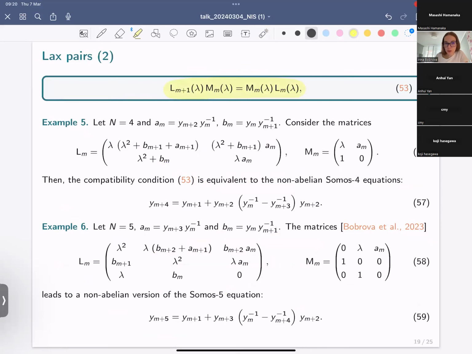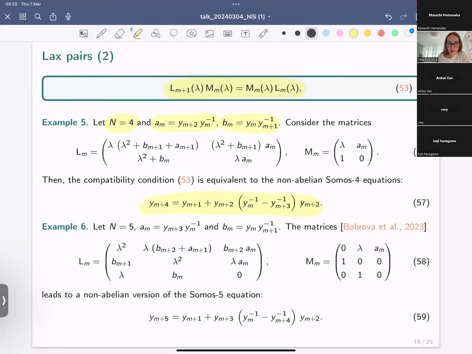And let us return to our non-abelian Somos 4 equation that we have already discussed a little. We set n to 4 and, to make our formulas more compact, we introduce two functions, a sub m, that can be expressed in terms of y, and b sub m, also defined in terms of y.